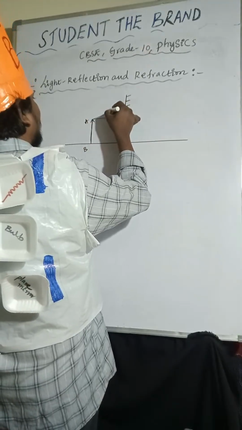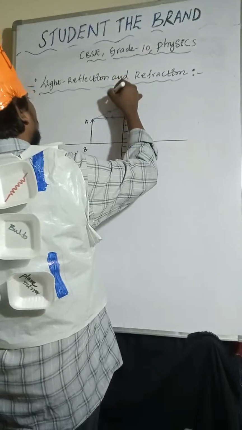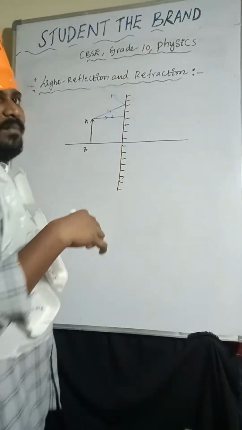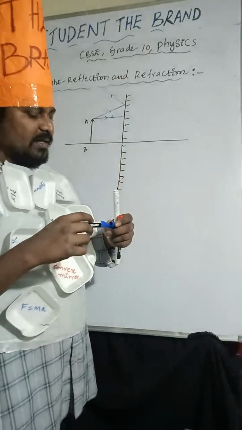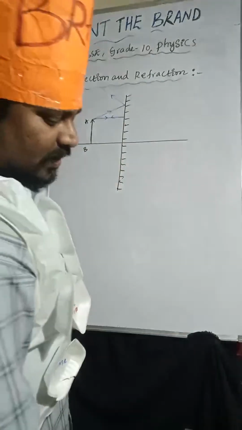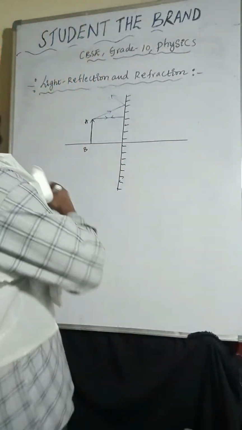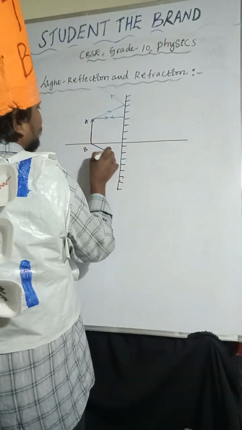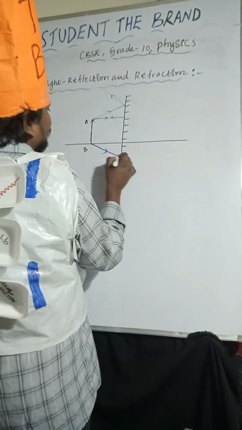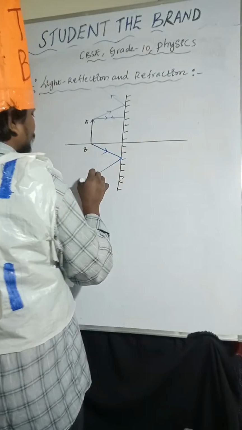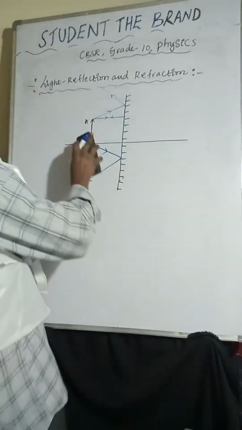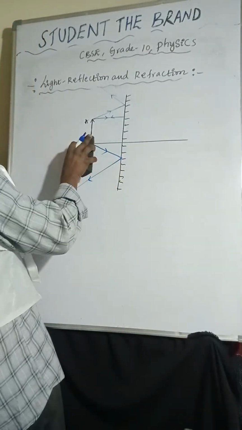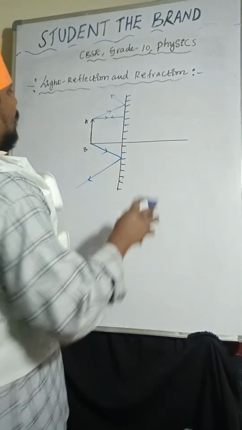How many light rays are required to form the image of the object? Minimum 2 light rays are required to form the image of the object. Minimum 2 light rays, right? Yes. So here you can observe, and here also I am taking like this.